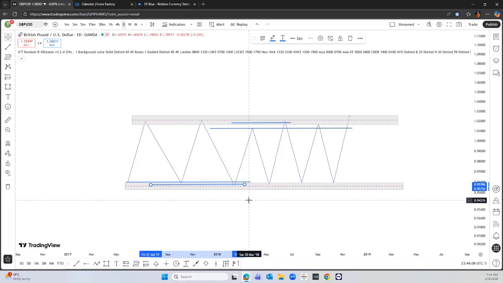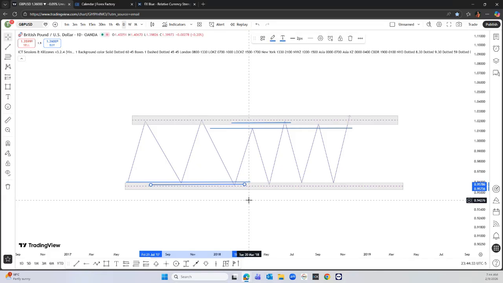Traders can use different confirmations. Some use rejection candlestick patterns. For instance, at a support level, you want to look for candlestick patterns like the bullish engulfing, the bullish pin bar, and the dragonfly doji.